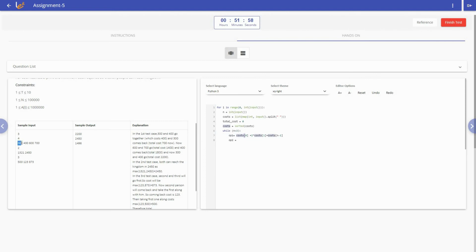So 300 and 400 go, and out of which 400 comes back and again takes 700, which is the last element.